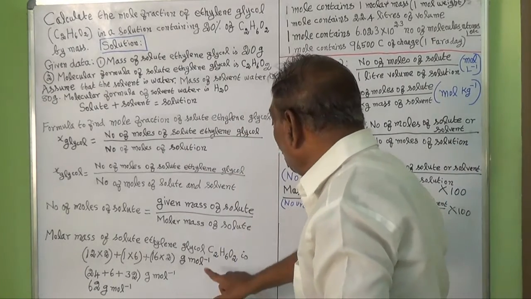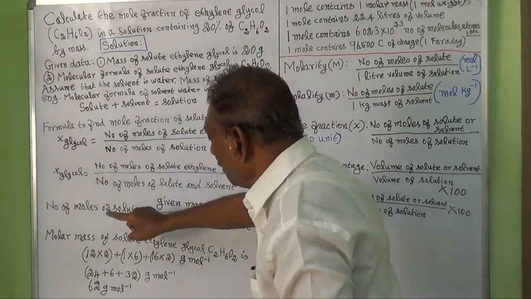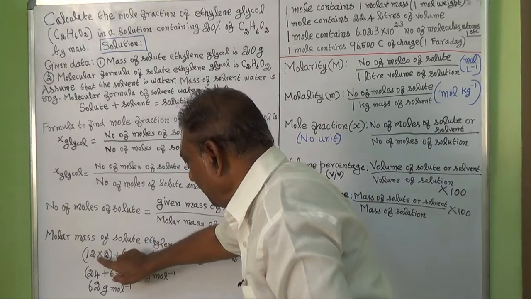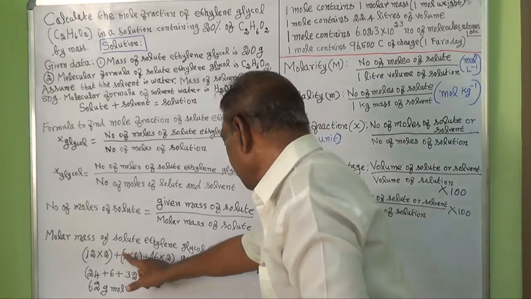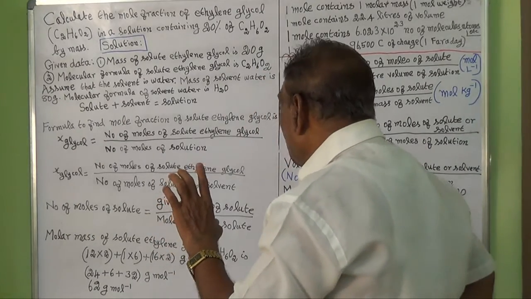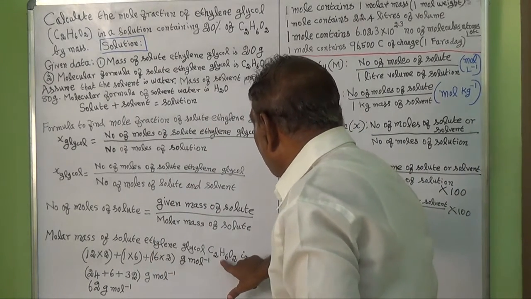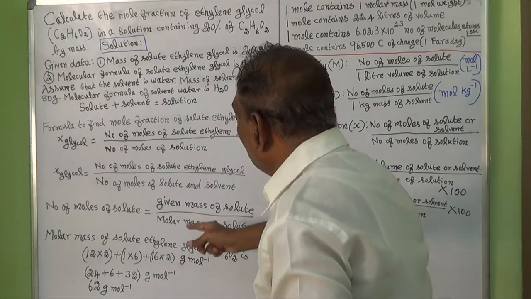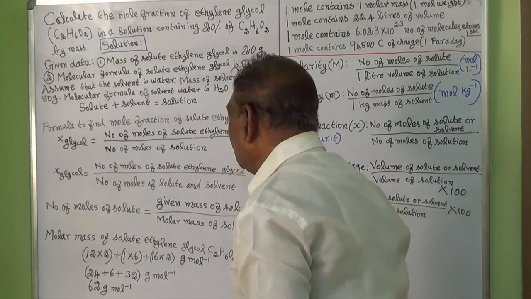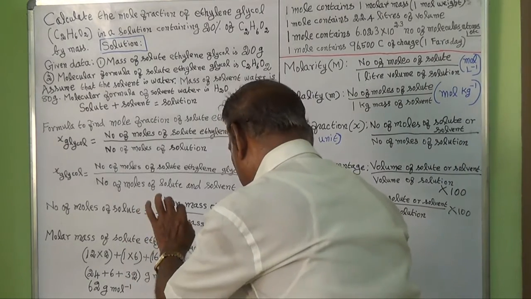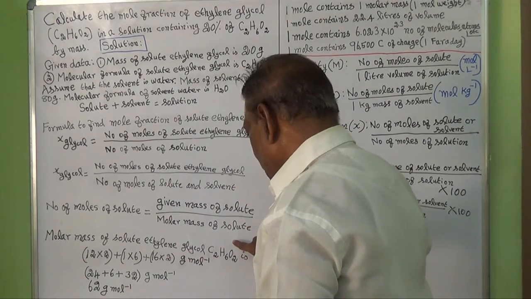But here there are two carbon atoms, so the atomic mass of carbon, 12, is multiplied by 2, plus the atomic mass of one hydrogen atom, which is 1. Here there are 6 hydrogen atoms, so we are multiplying the atomic mass by 6, getting 1 into 6, plus then coming to the third element, oxygen.